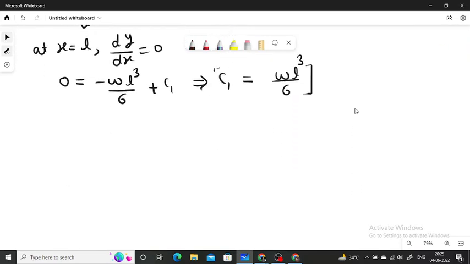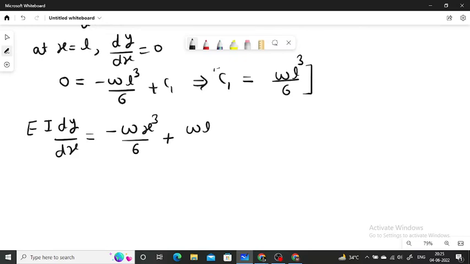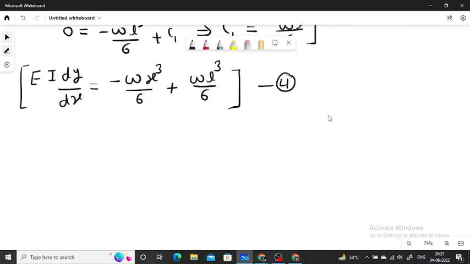Now EI dy by dx will be equal to minus wx cube upon 6 plus WL cube by 6, equation number 4.